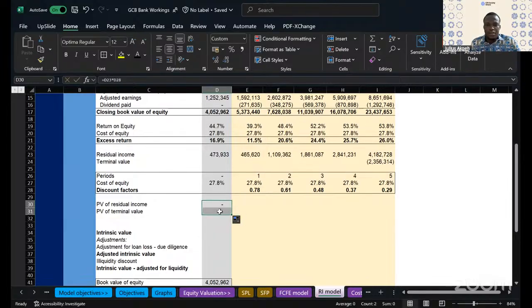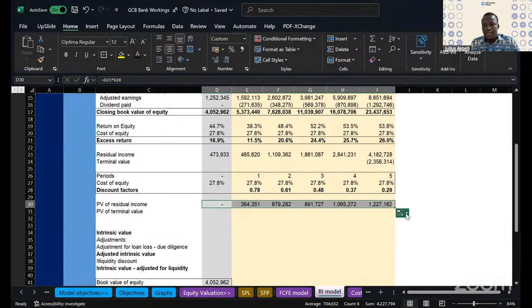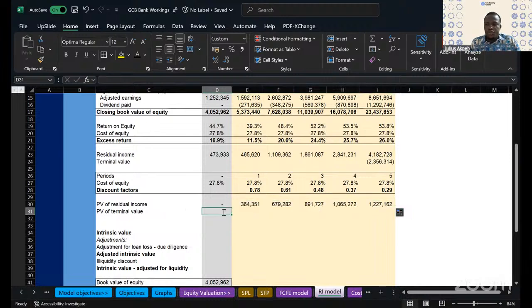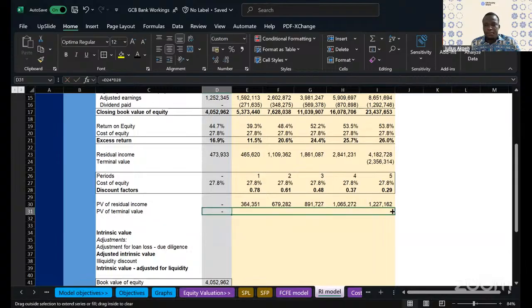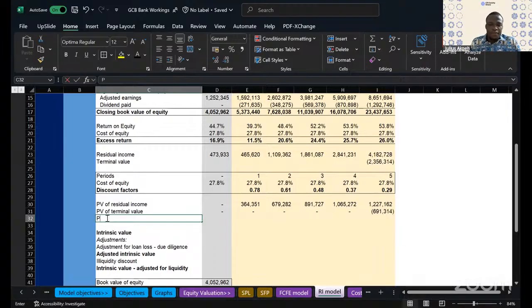And then we drag to the end. Then we also do for the terminal value here, multiplied by the discount factor, not because there's a terminal value in year 1, but look, we just put in formulas as placeholders. So we have the present value of future residual income, and that is this.